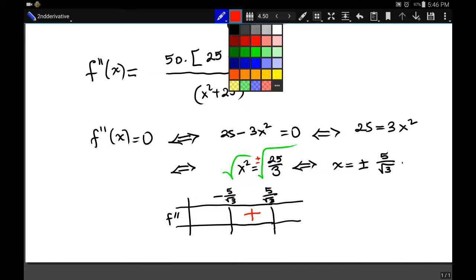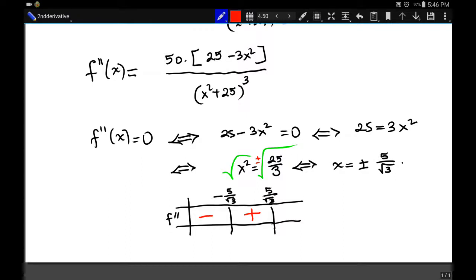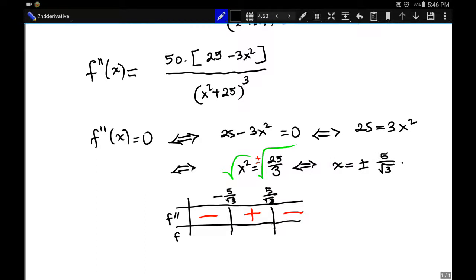So that would be minus. And the denominator will be positive similarly because of the square here. So here it is concave down, concave up, and then concave down again.